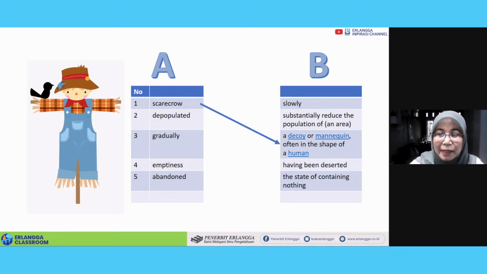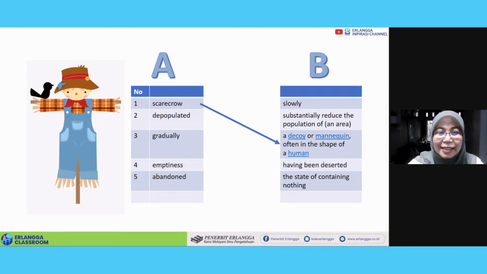Ya, a decoy or mannequin often in the shape of a human. Ya, biasanya untuk nakut-nakutin burung di sawah ya. Okay, and then because the birds eat the grains, makan grainsnya padi ya. So the farmers use a scarecrow or some scarecrows to get rid of the birds.